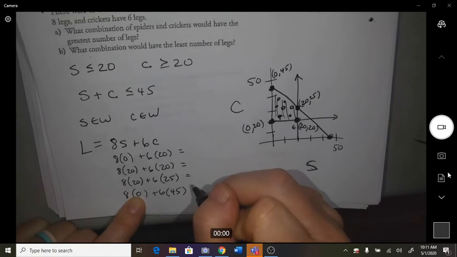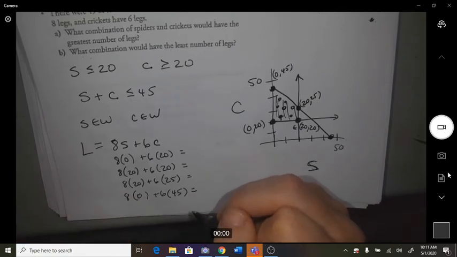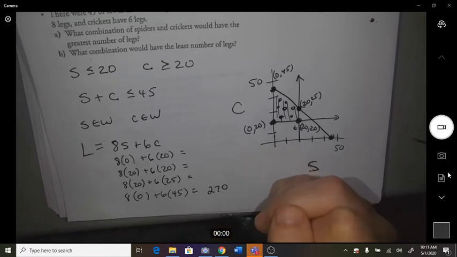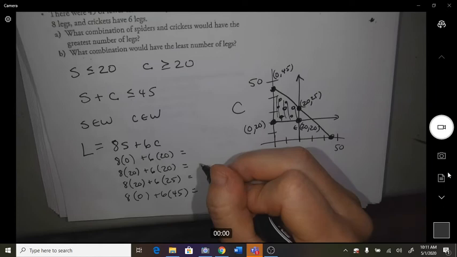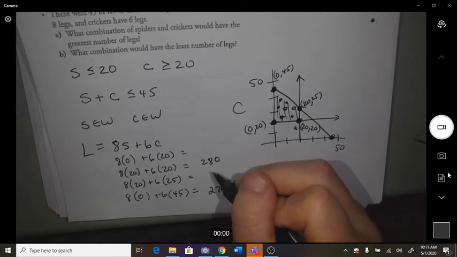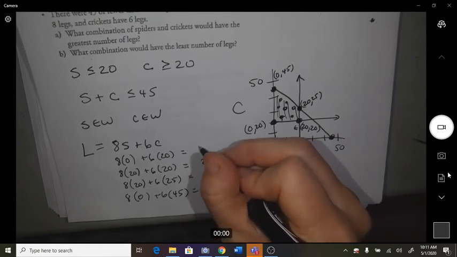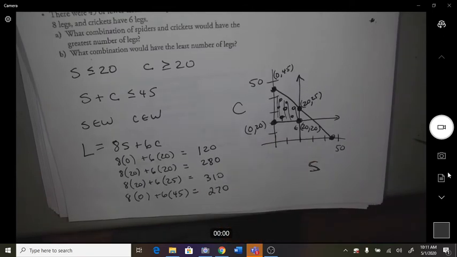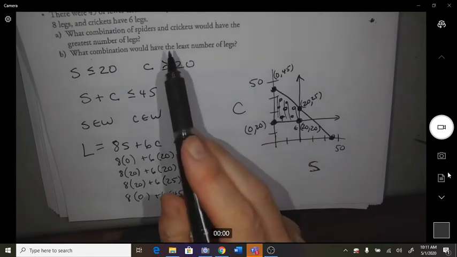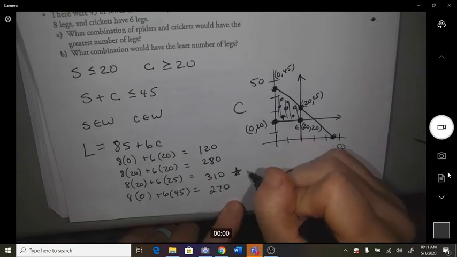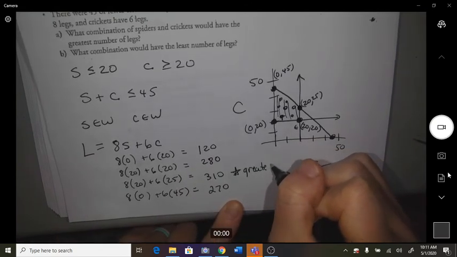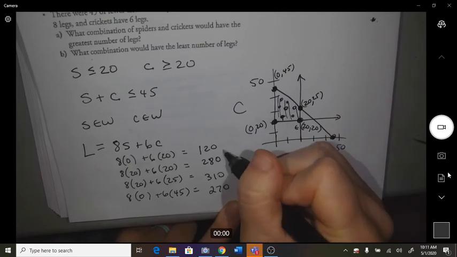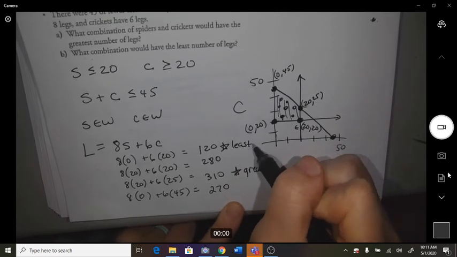So the amount of legs that each one would produce: 0, 45 is 270, 280, 120, and 310. So you can see the largest, so that's part A, the greatest, and the least would be 120.